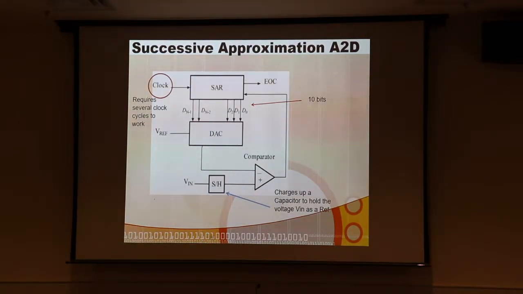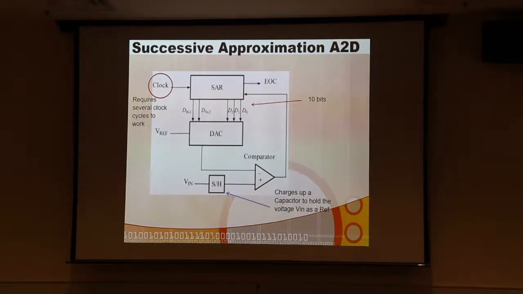So we have some value in the SAR register, and that's going to be divided by 1024. So if the SAR register is 1024, then it's going to be times the VDD, okay? In this case, 3.3 volts, or 5, or whatever you set it at.